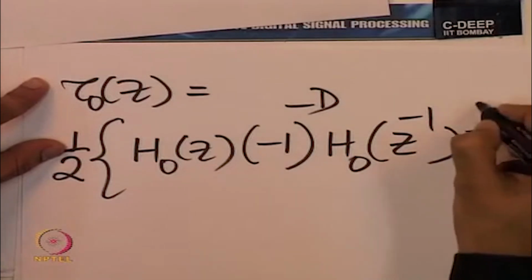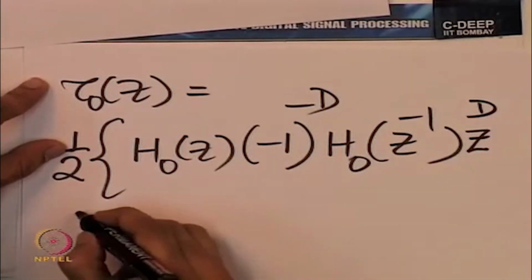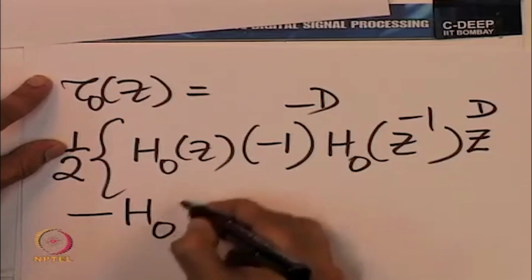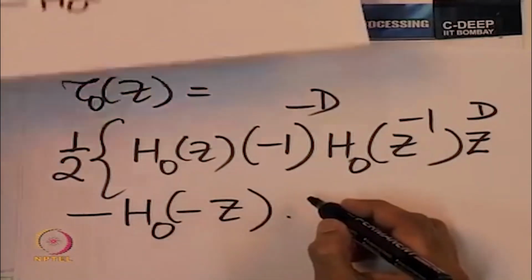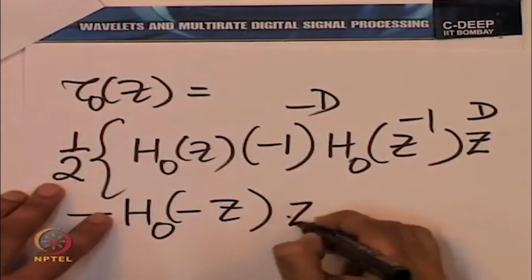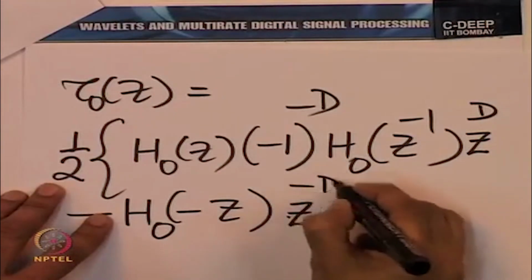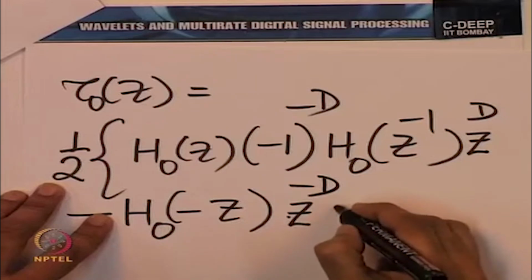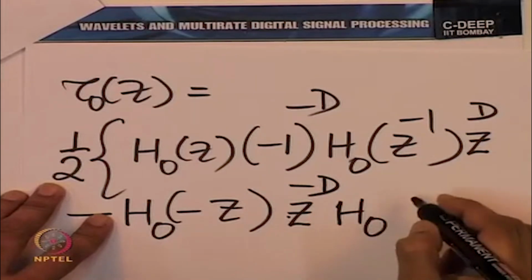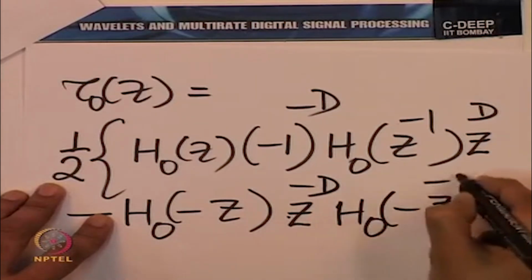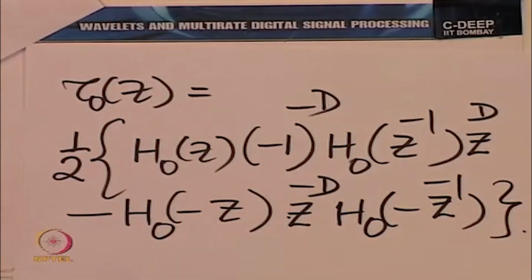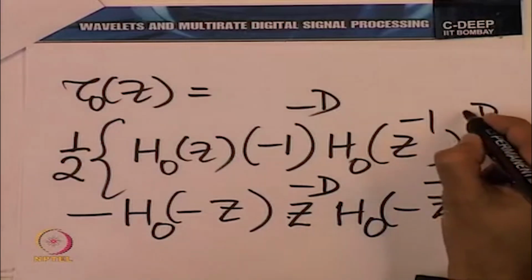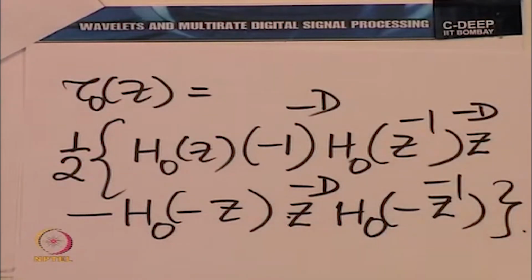So, you have z raised to d there, and minus h 0 minus z times h 1 z, and h 1 z we have accepted to be z raised to the power minus d times h 0 minus z inverse. So, we have z raised to the power minus d here.